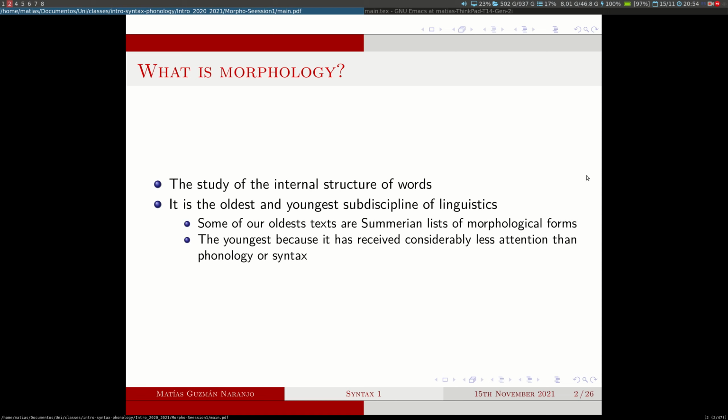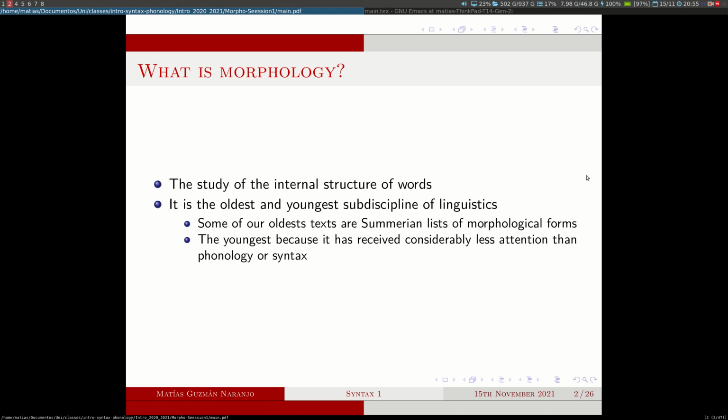In a very different sense, morphology is probably the youngest subdiscipline in linguistics, or one of the youngest, because during most of the 19th and 20th century it received the least attention. It was only relatively recently that it was rediscovered as an interesting field to study, and it's still the ugly duckling in many linguistics departments, where they will often have a phonology chair and a syntax chair, but no morphology chair.